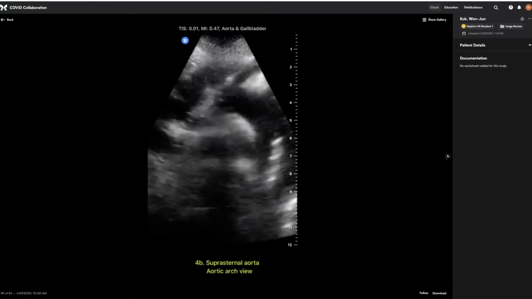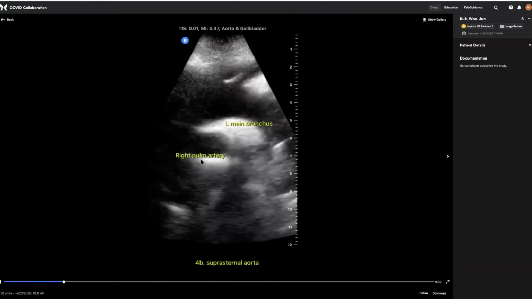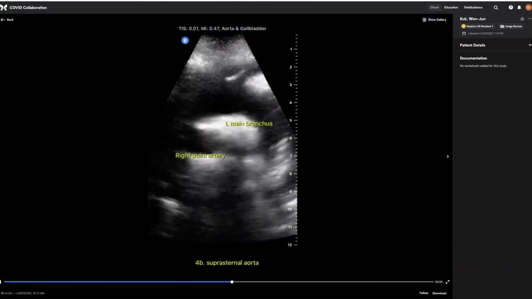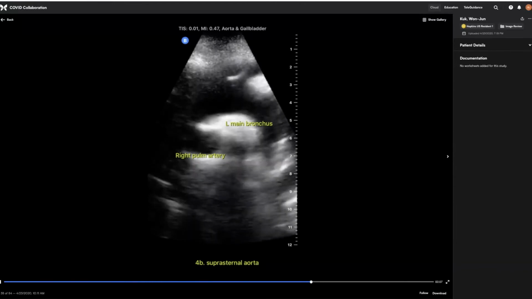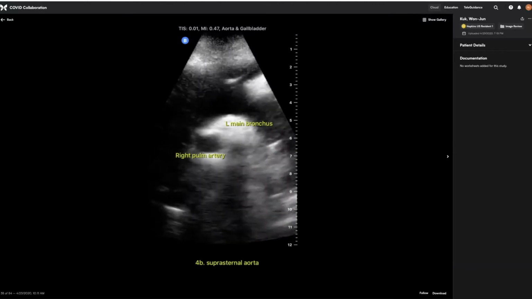And what impressed me even more was that they did appropriate labeling, which was great. I'd love to see this kind of pretty labeling. And they even labeled and found where some of the pulmonary branches came off. So I thought this was a really impressive image coming from an intern.